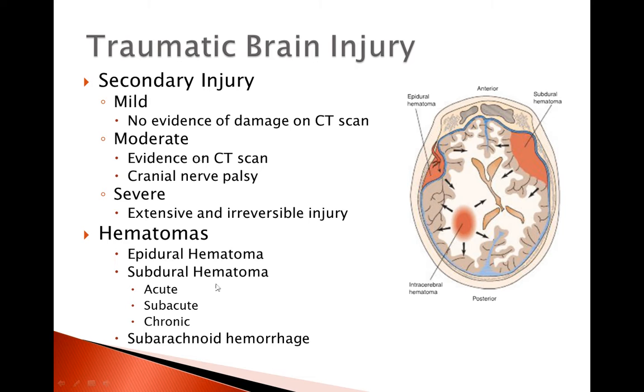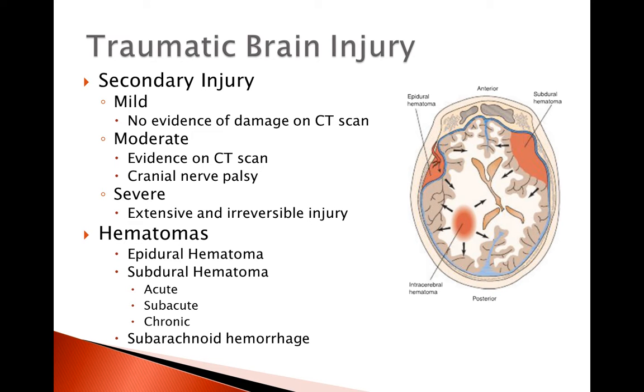All right, so let's just take a moment to talk briefly about each of the types of hematomas. The first one is the epidural hematoma. It's between the skull and the dura mater, and it's most commonly caused by bleeding from an artery or a large vein. So it's a large vessel that's located between the skull and the dura mater.